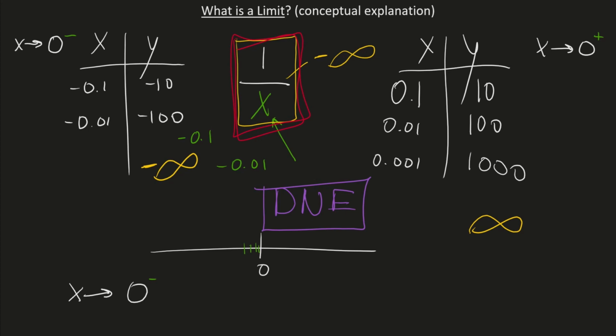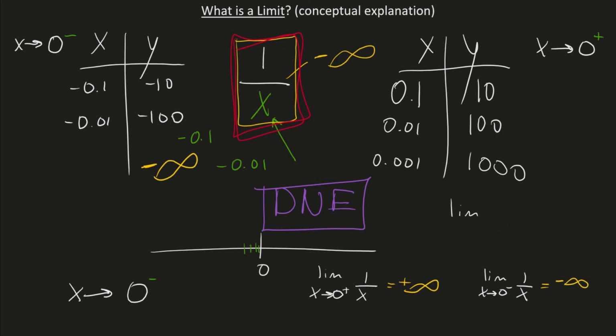So, for this equation, we tried making x get closer and closer from the right-hand side. In other words, we just took the limit. And we got positive infinity. And then, for our same question, we tried making x get closer and closer to 0 from the left-hand side. In other words, we took the limit. And we got that this whole thing was approaching negative infinity.